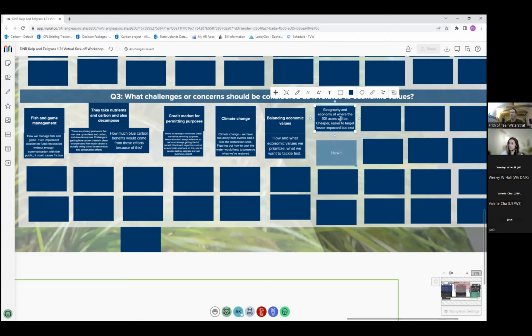So how that balance of economics, geography, and cost will play out when DNR is developing those 10,000 acres for each of the two, the seagrass and the kelp. So that sounds like a challenge. I can see it being easy to grab acres in Willapa Bay and Grays Harbor where costs are less and impacts are less, ignoring some of the challenges in Puget Sound. Not that you would do that, but I see that as tempting. Difficult, a challenge nonetheless. Yes. Tempting.